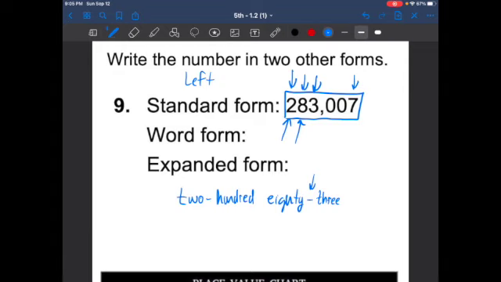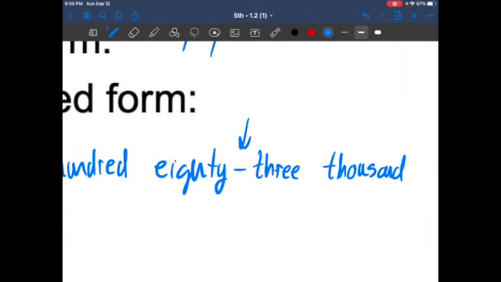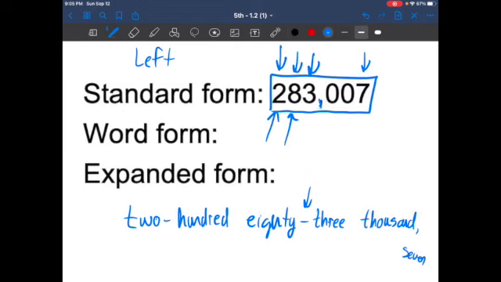And we have to finish it. So 283 what? 283,000. Okay. 283,007. I ran out of space, but it should be 283,000, comma 7, right? Because that's exactly what it looks like. 283, comma 7. All right. So that's the word form, right? Where we rewrote it in word form.